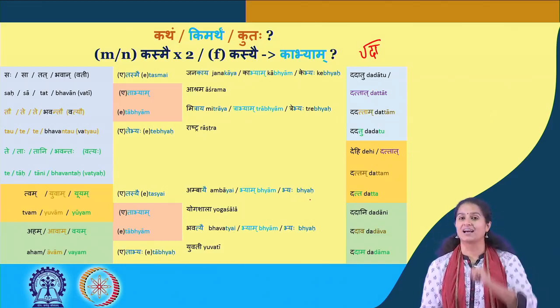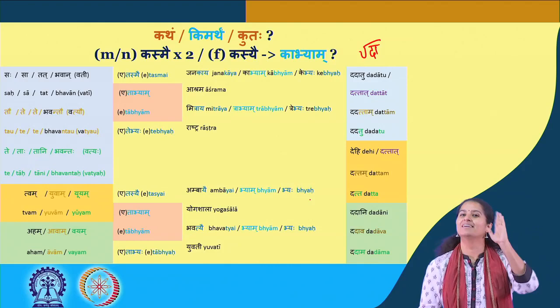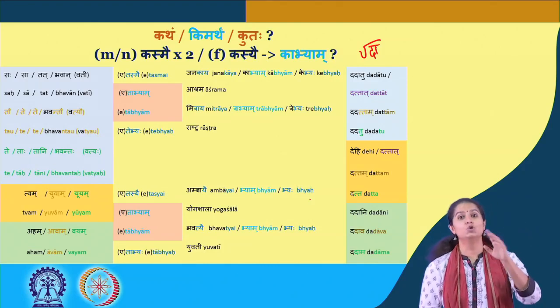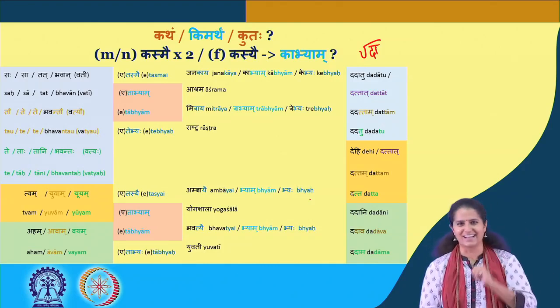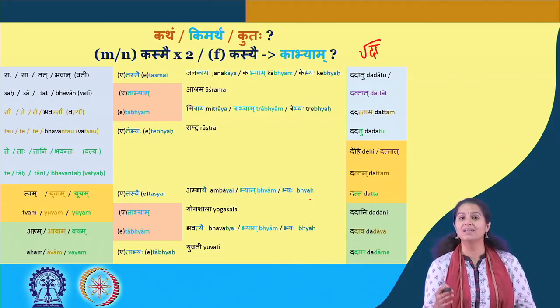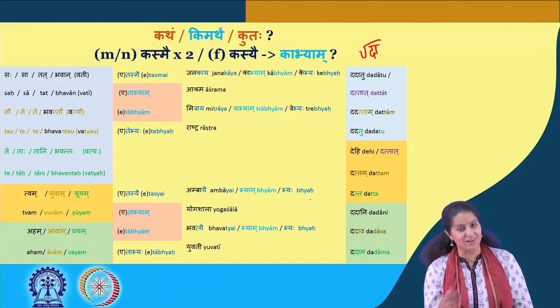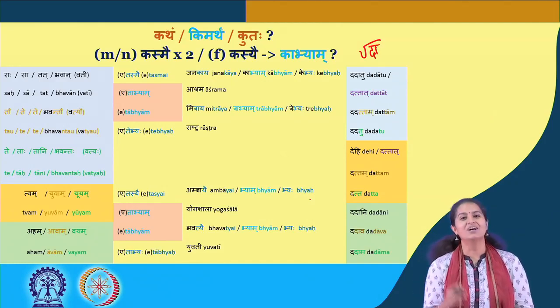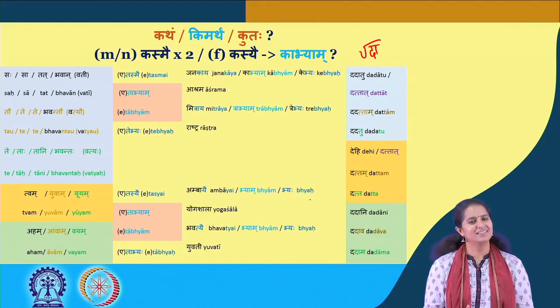Uttamam. Yogashala. Now try it by yourself. Tasyai yogashalayai dadatu. Tabhyam yogashalabhyam dadatu. Plural, tabhyah, not tebhyah, tabhyah yogashalabhyah dadatu.